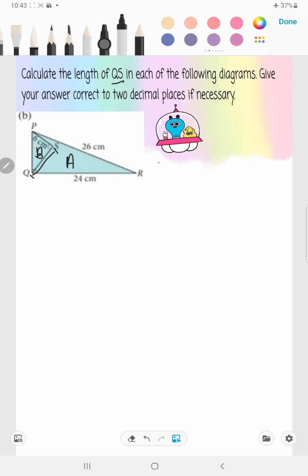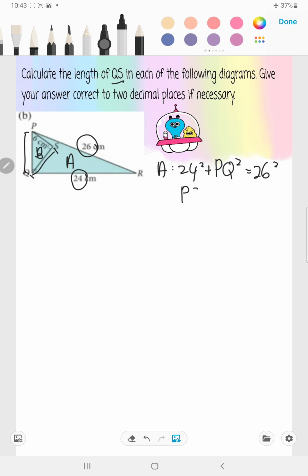So let's do A first. We have to find the length of PQ. Then when you find the length of PQ, then you can calculate the length of QS. So the first step is 26 is the hypotenuse, and 24 is b. So 24 square plus PQ square is equal to 26 square.